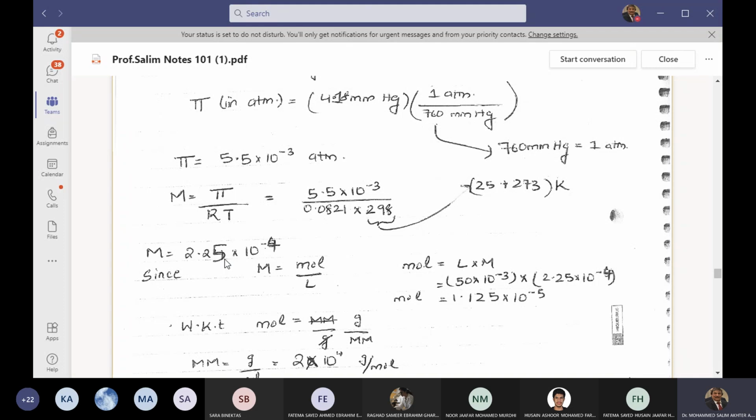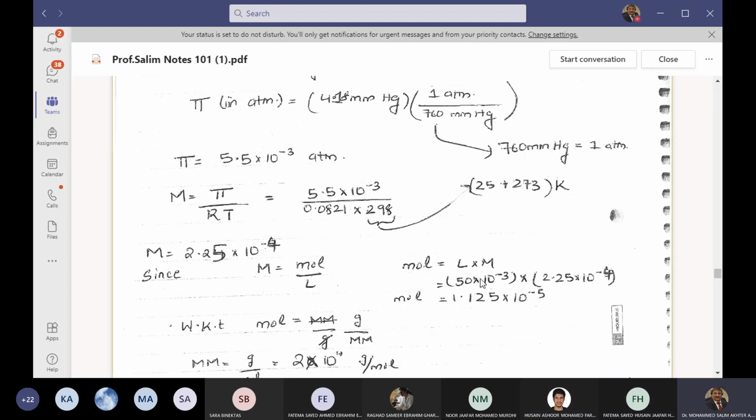I will not do it in one step. Once I got the molarity, molarity formula equals moles over liter. I know M, I know L. How do I know L? I have 50 ml solution. Can I convert 50 ml into liters?